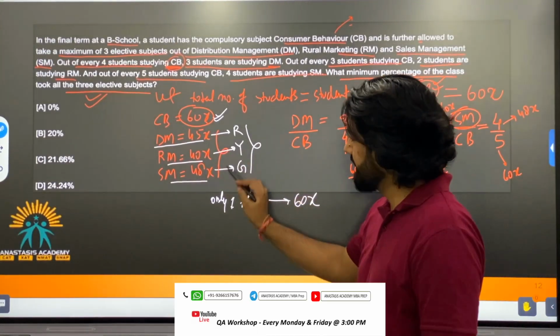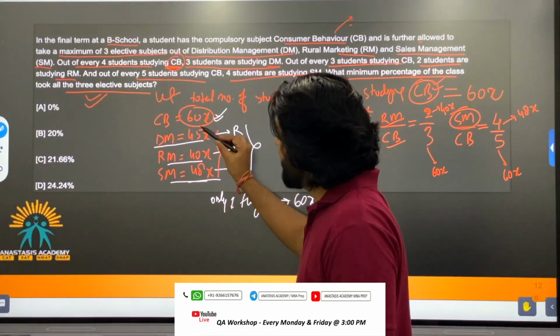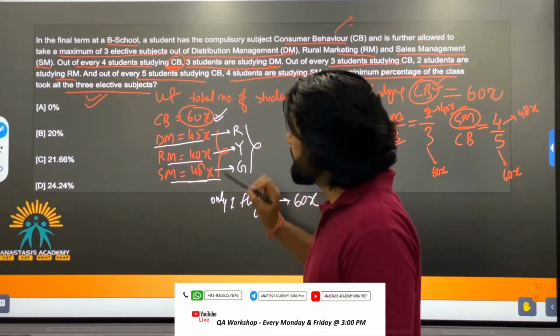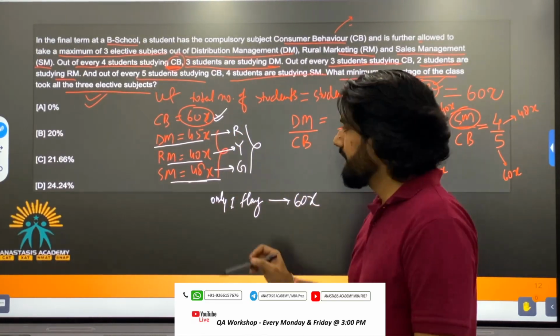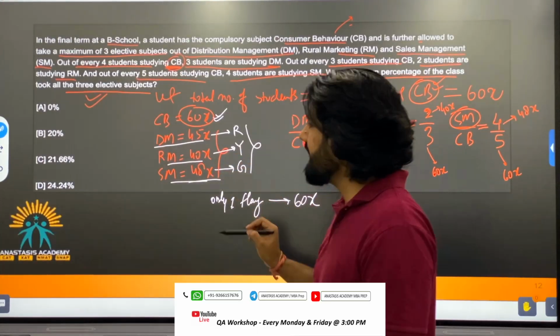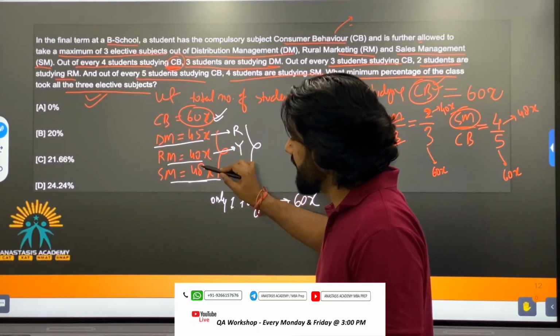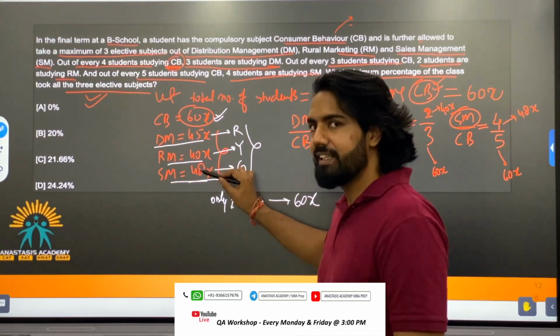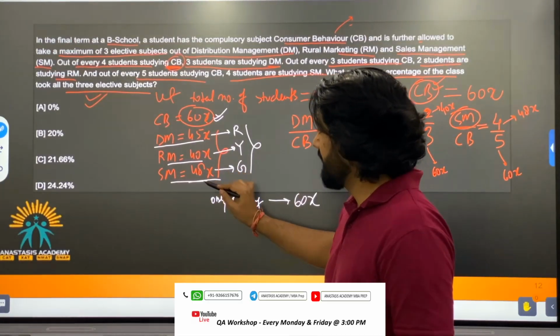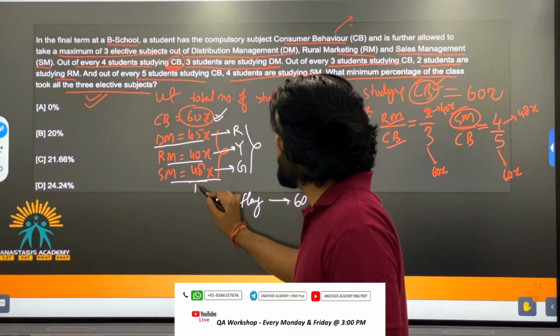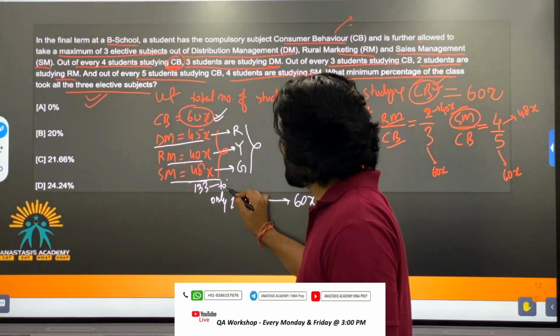Total number of flags is 40 plus 45 plus 48, that is 133x. These are the total flags.